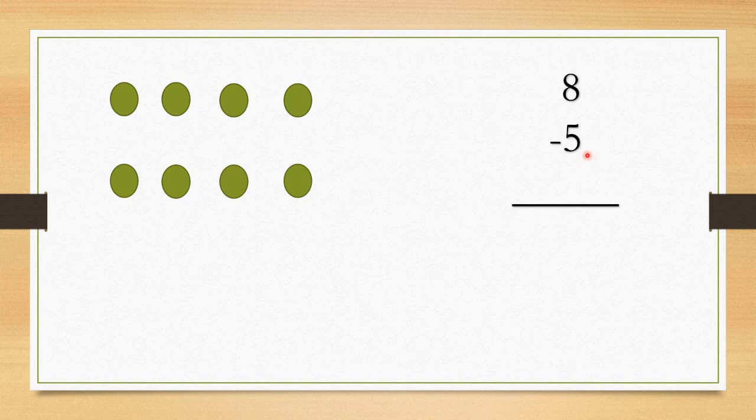Then I take away 5. 1, 2, 3, 4, 5. Then how many remaining? 1, 2, 3. 8 minus 5 is equal to 3.